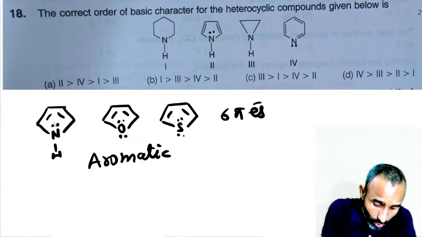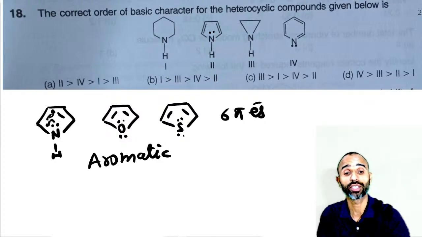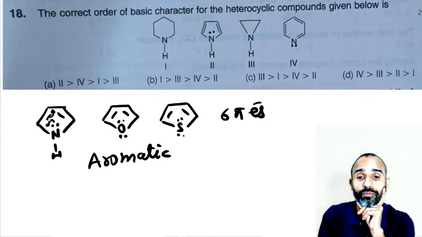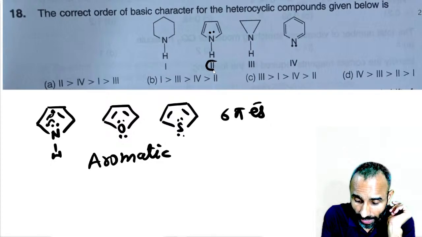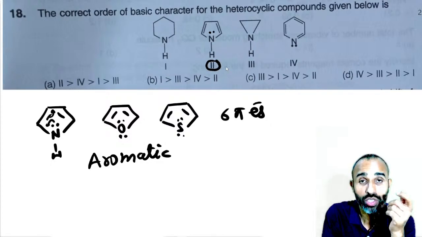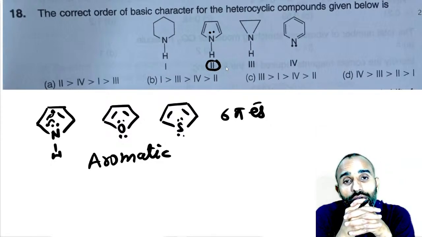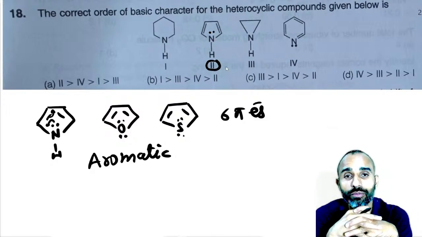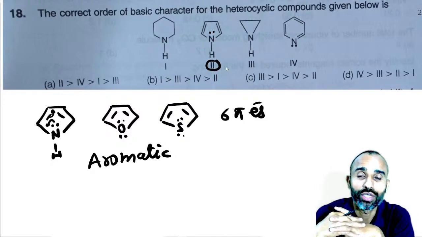This lone pair is in conjugation, means lone pair is a part of pi electron cloud here. Means on the second one, lone pair is not available at all for donation because it is basic.